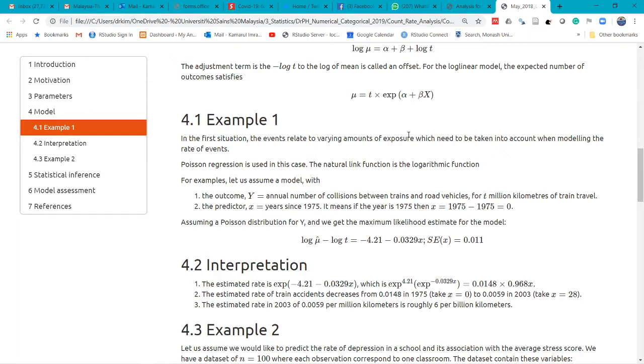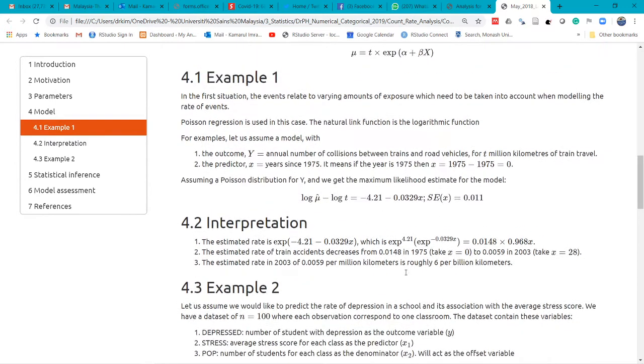So you get log mu minus log t equals minus 4.2 minus 0.0329x. You can exponentiate the whole thing here, and you get 0.0148 times 0.96 to the power x.